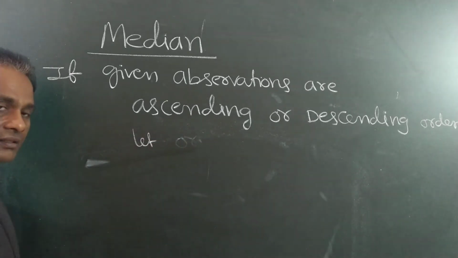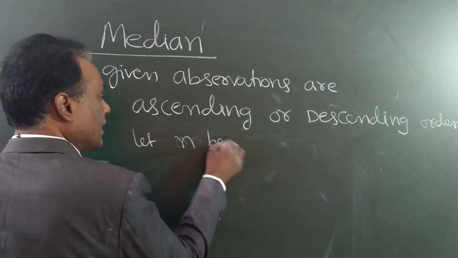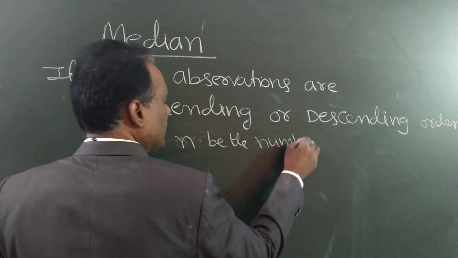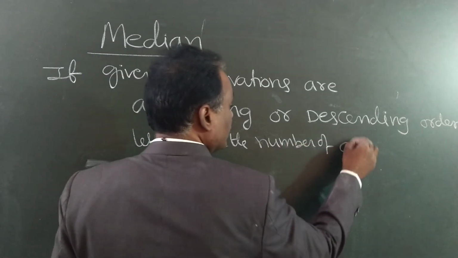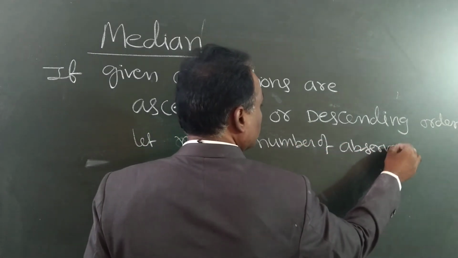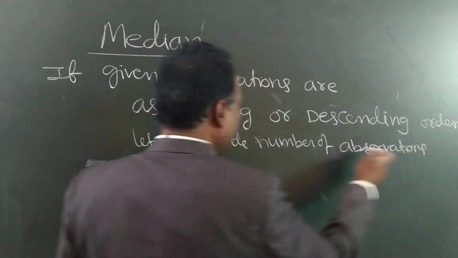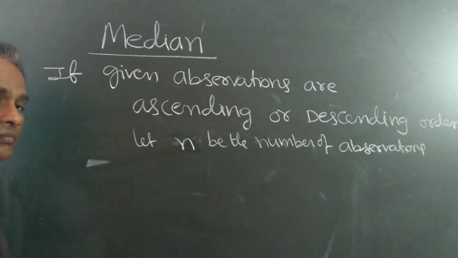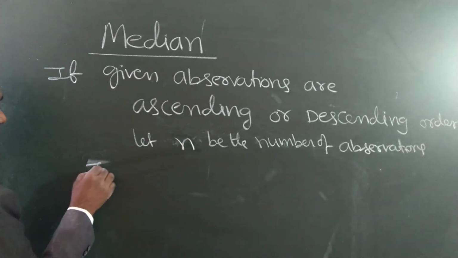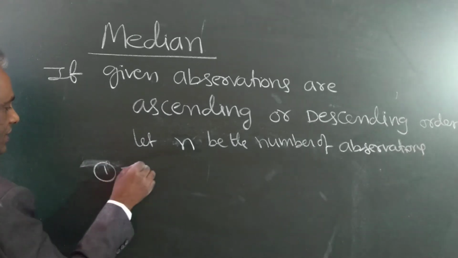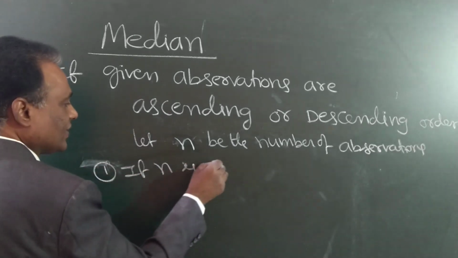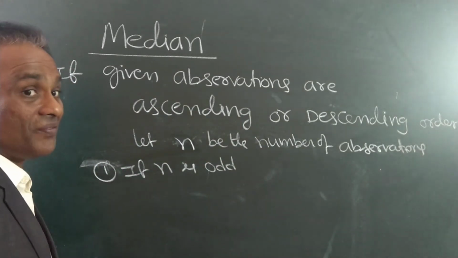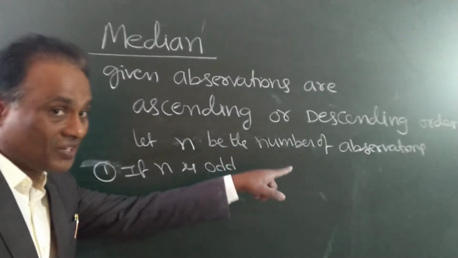Let n be the number of observations. Write down. Case 1. If n is odd, there are an odd number of terms, then there will be only one middle term. What is it? n plus 1 by 2, I told.